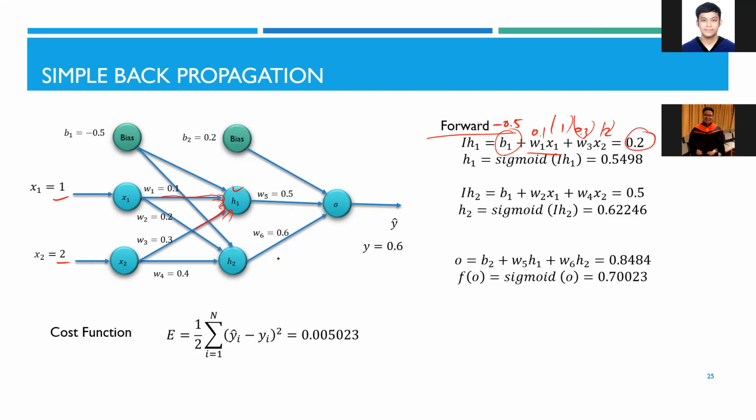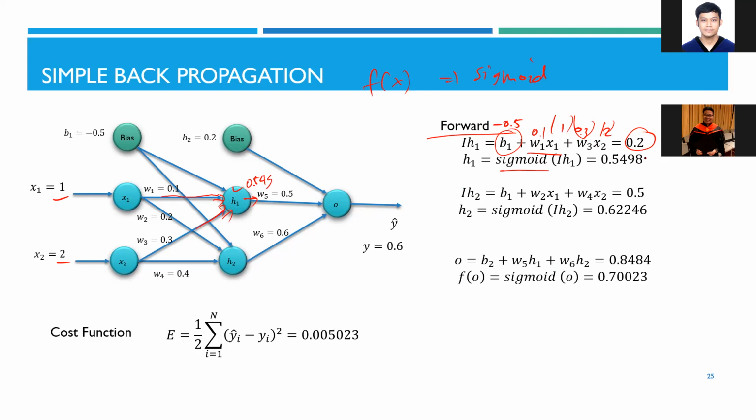Now I use the sigmoid function, f(x). After we get this, the total input is 0.2. Using the sigmoid function, the output here is 0.549.